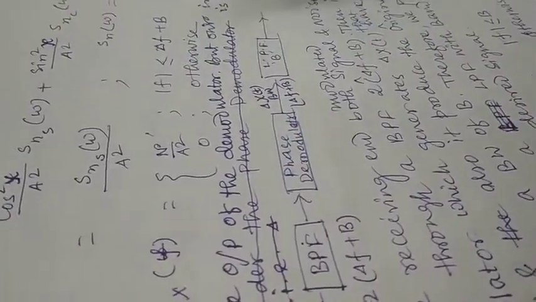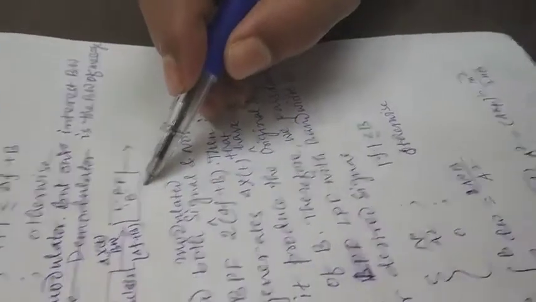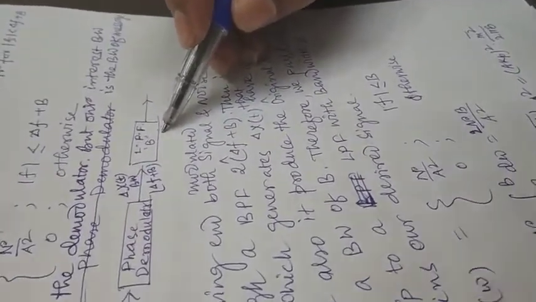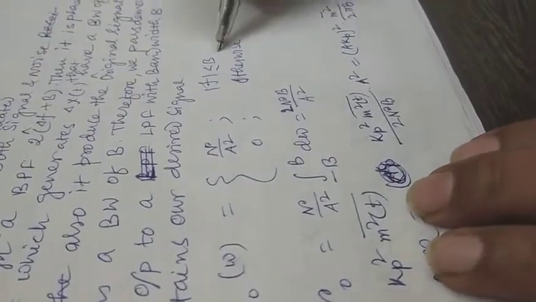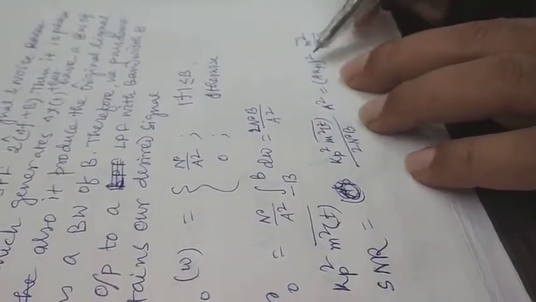We have got it. Then it will be passed through a low pass filter to get the message signal. What is the bandwidth of the message signal? B hertz. Therefore our interest of noise is confined now to the noise of B hertz bandwidth, not the whole (Δf + B). Therefore output noise is N divided by A², but the bandwidth has been reduced to B, and the output signal to noise ratio has been obtained as (kp² m²) divided by twice NB.